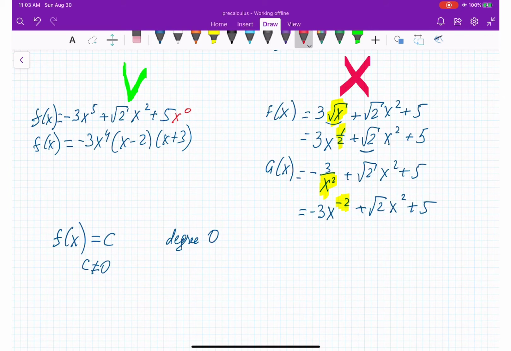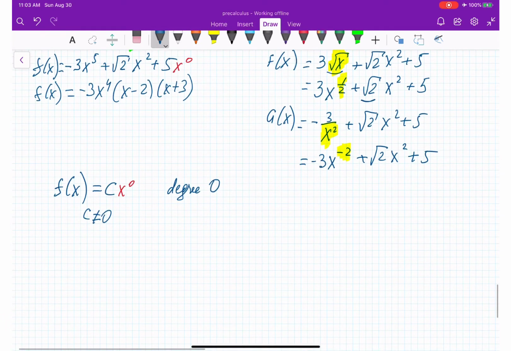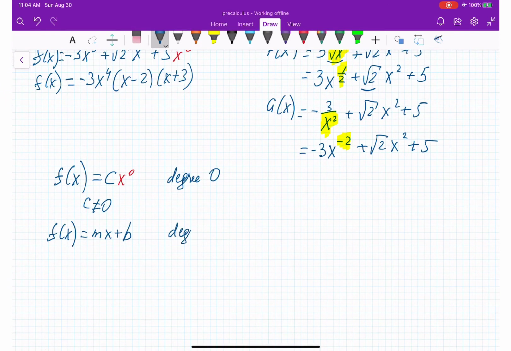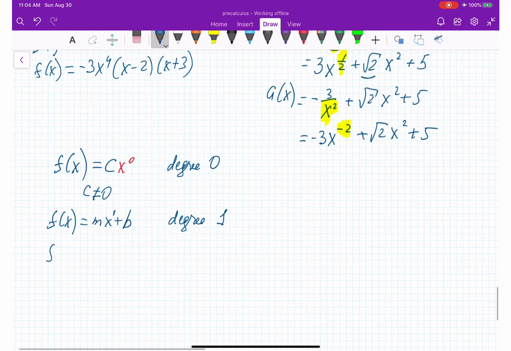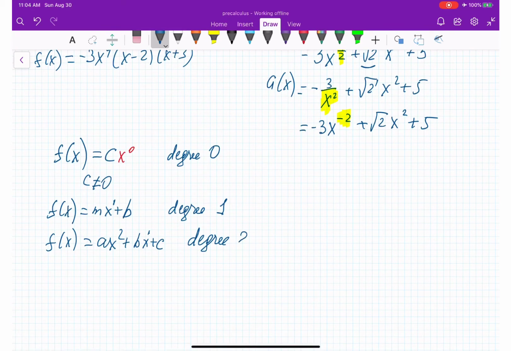Because I can write x to the power 0, which is equal to 1, and we get the same c. Next example, f of x equals mx plus b. This one is degree 1. If I have f of x equals ax^2 plus bx plus c, the highest degree is 2. Although we have degree 1 here also, the highest degree identifies the degree of the polynomial, so we have 2.